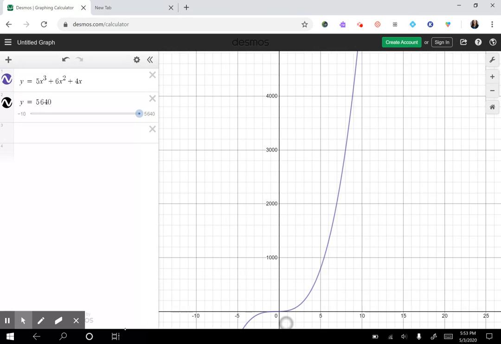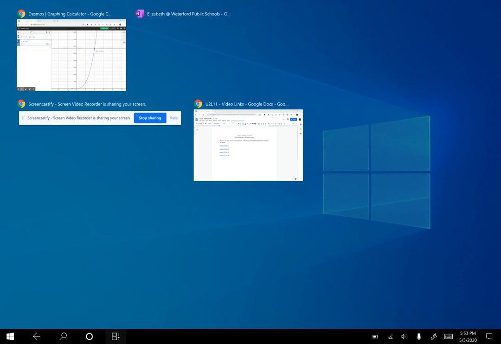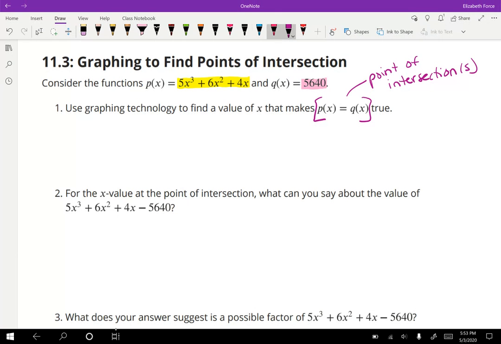All right, I'm at 4,000, I'm getting there. Oh, there it is. You can probably notice that this is just happening once. They're only going to intersect at one point, and it's at (10, 5,640). So our point of intersection is occurring at (10, 5,640).